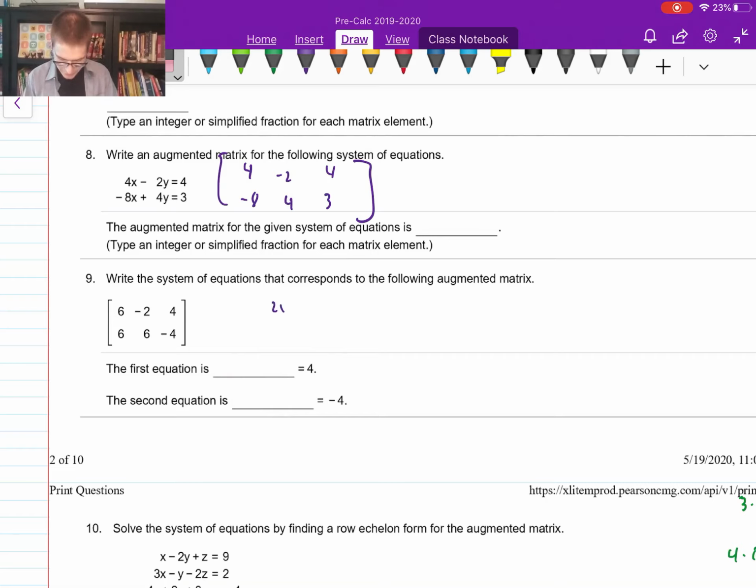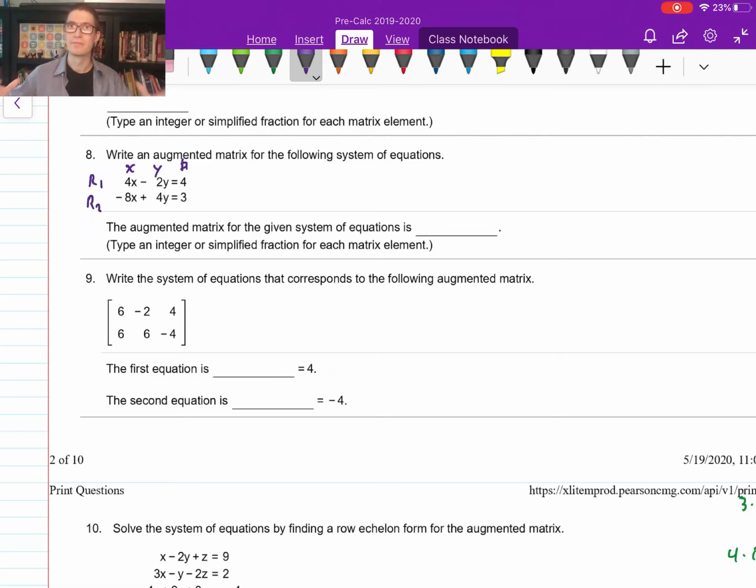Number 8 says, write an augmented matrix for the following system of equations. It just gives you a system of equations, and you just have to take the coefficients and turn them into a matrix. Very, very simple. This is the x, this is the y, this is the number, this is row 1, this is row 2. You just organize it just like a matrix.